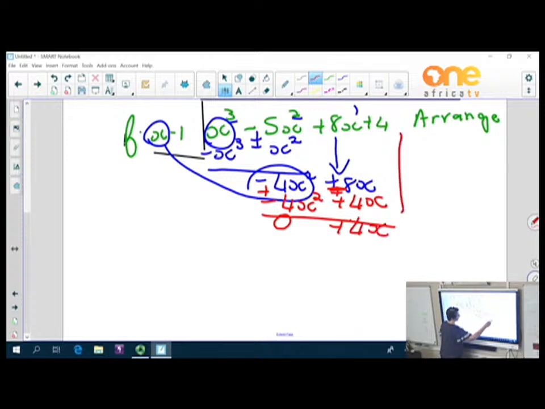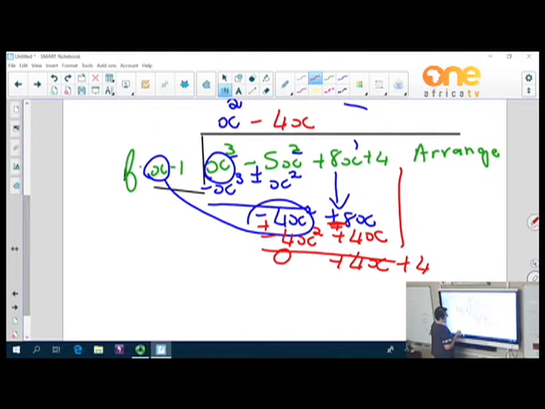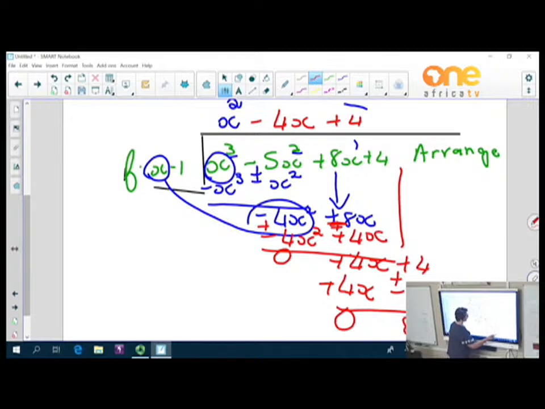Now we have to bring down that 4 there. And how many times will x divide in 4x? Plus 4 times. I multiply, then I have 4x minus 4. Change the second signs and add. And look at this one. This is an 8 there. So it is remainder 8.